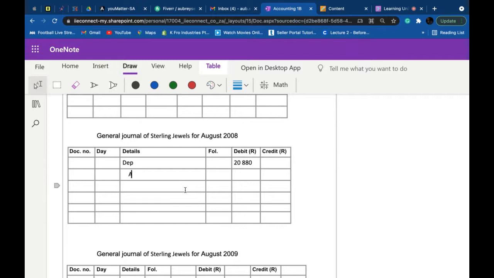We know that here we're crediting accumulated depreciation, and that was for 20,880. Then we know that we need to close off this depreciation. So we're then saying profit and loss gets debited. And here we know that depreciation is credited, 20,880.